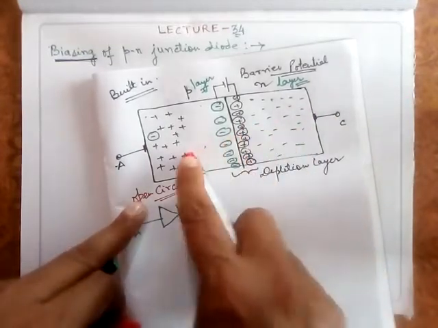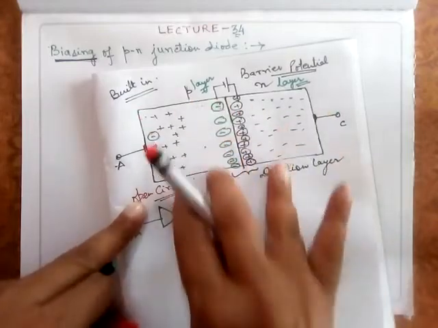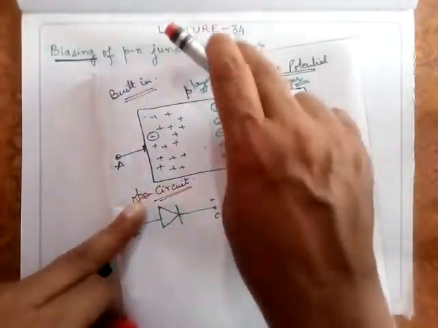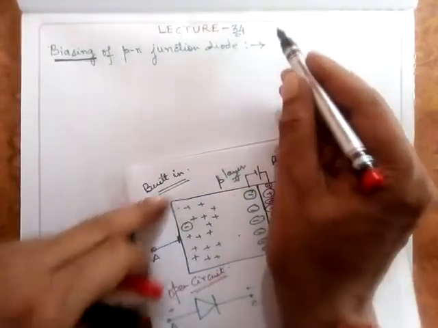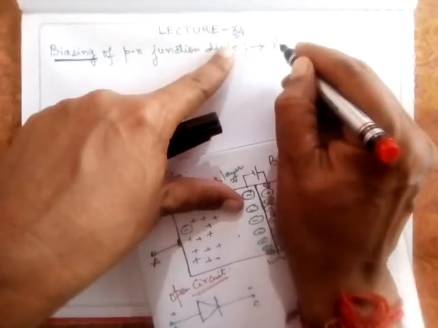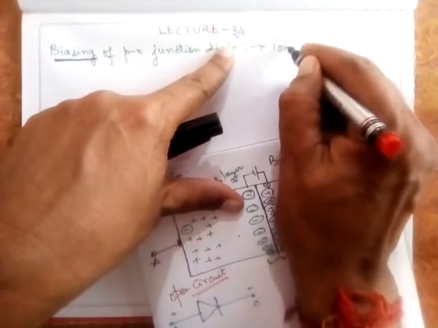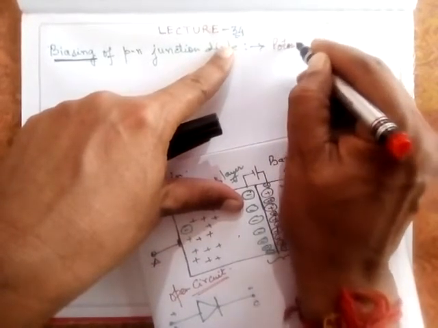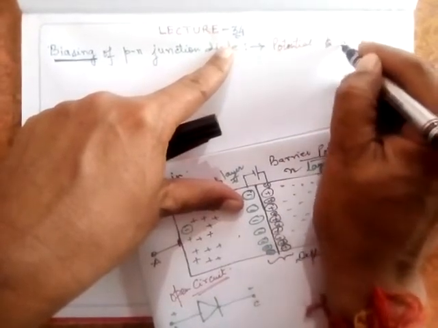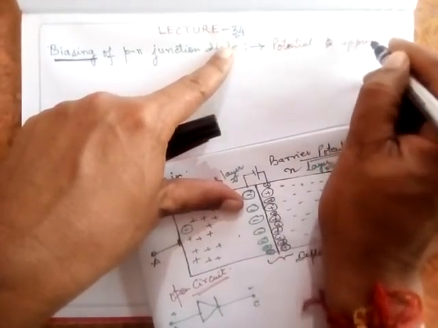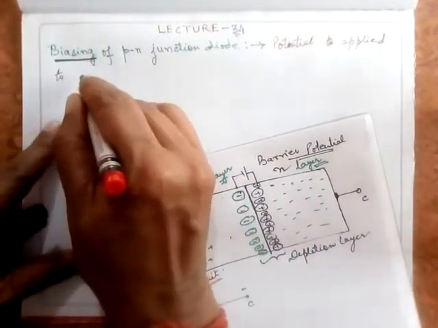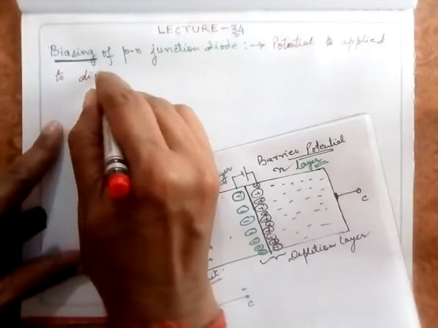How potential is applied to the different layers of a semiconductor is called biasing. It is the potential applied to the diode layers.